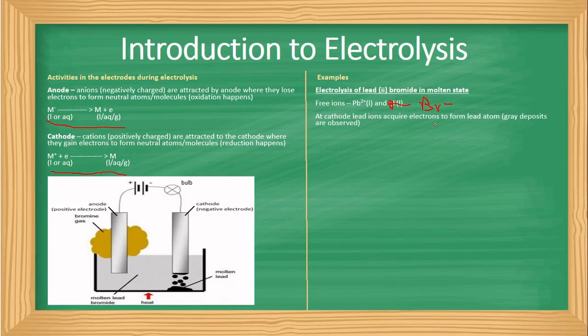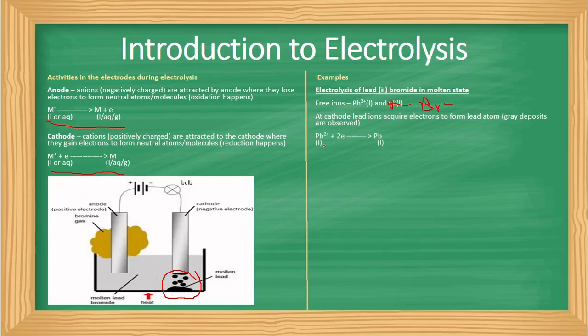Lead is gray in color. You will find them deposited down there at the cathode. As you can see here, these are the specks of gray metal, the molten lead, which has been deposited there once the ions of lead gained electrons and became lead metal. So that will be the observation.